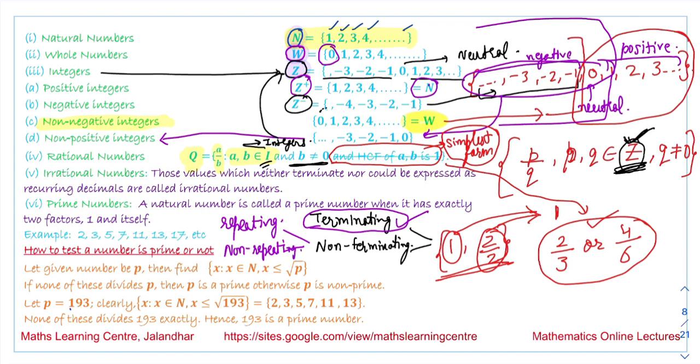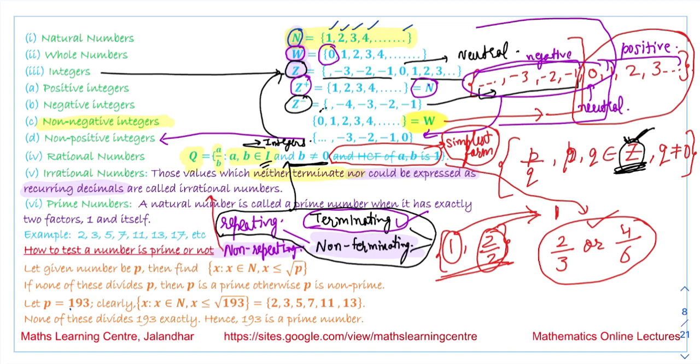The first case, non-terminating and repeating, is also part of the rational numbers. And if any value is given to us whose decimal representation is neither terminating nor could be expressed as a recurring decimal, meaning neither repeating nor terminating, then those numbers are called the irrational numbers.